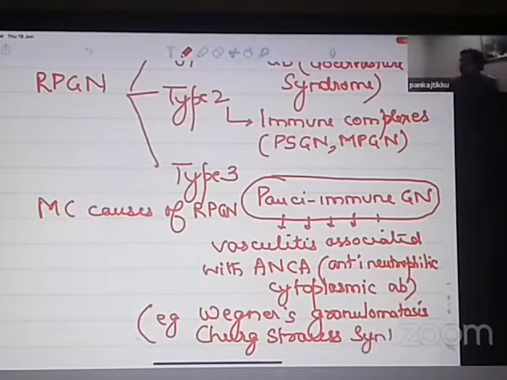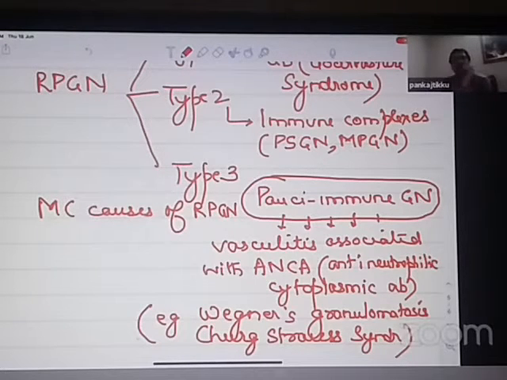So these were old names. They have been changed to new names, but for your examination purposes, just remember them. So RPGN can be of three types: type 1 RPGN, type 2 RPGN, and type 3 RPGN. Type 1 RPGN, as I told you, usually follows anti-glomerular basement membrane antibodies.